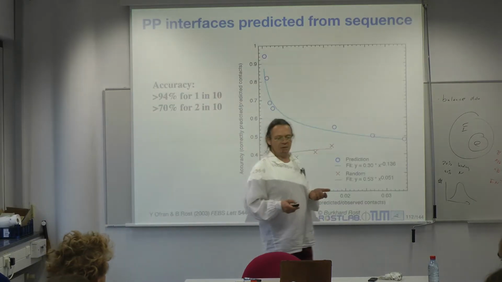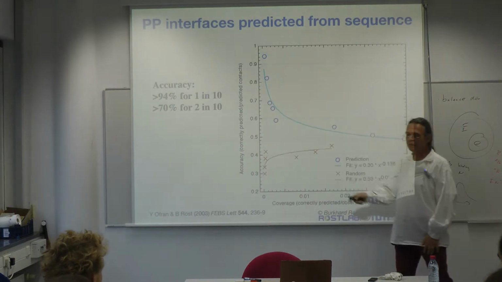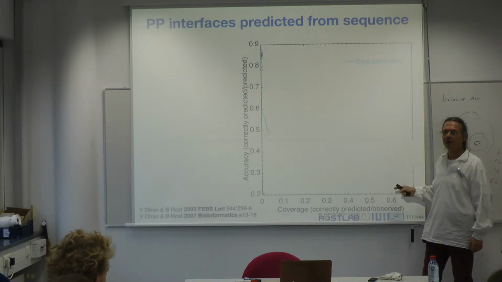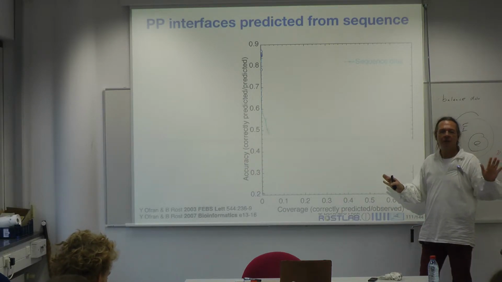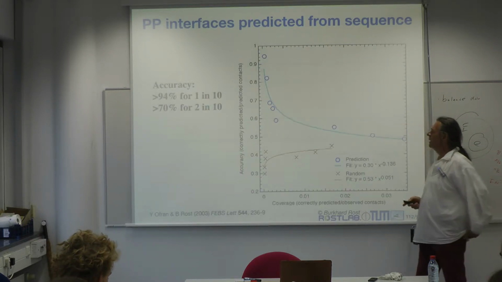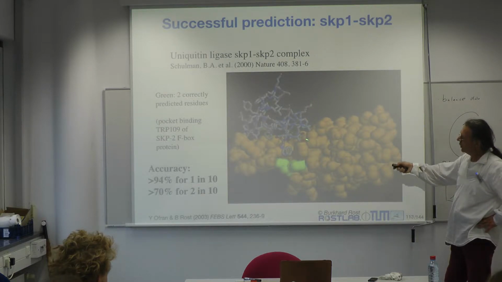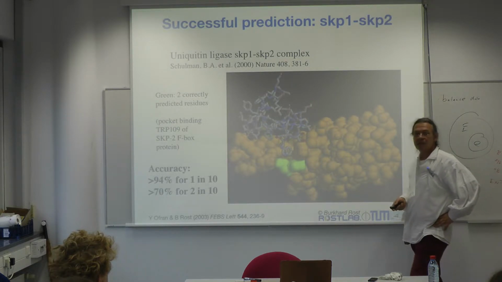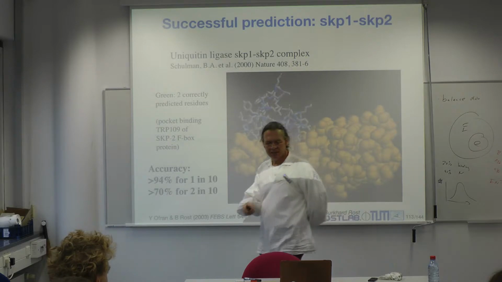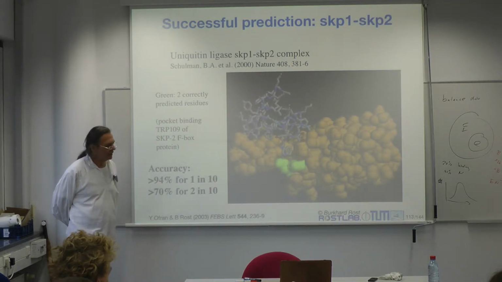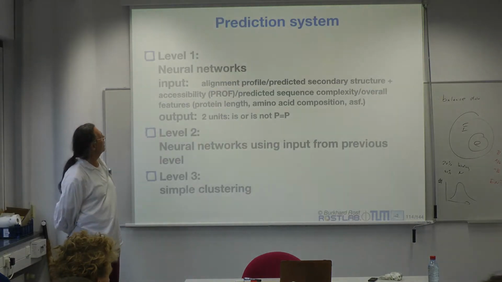And for something that looks in some sense so dismal, in particular if you look at the entire plot, and it's still not the entire, 70% only here, this is something. And then when we look at the 3D structure, we see that it's not quite completely right, but it's at least close to the actual binding site. In fact, this labeled binding site, and it fits. So this one prediction is by all means correct.